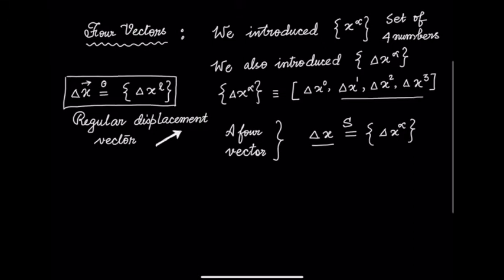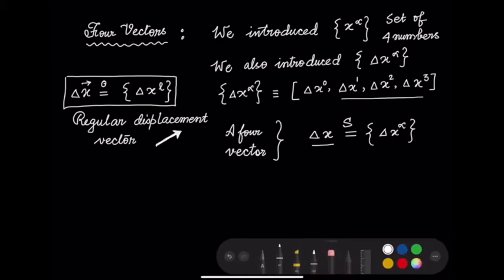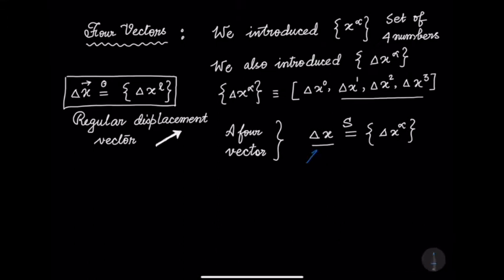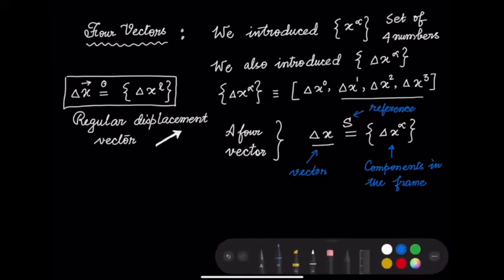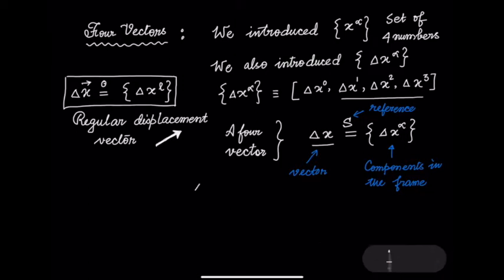Okay, so just let me remind you, what are these different things? So this is the vector. This is telling you which reference frame. And these are the components of the vector in that reference frame. The fact that these are the components in that frame is important, because if I write the same vector in 2 different reference frames, the components will be different.